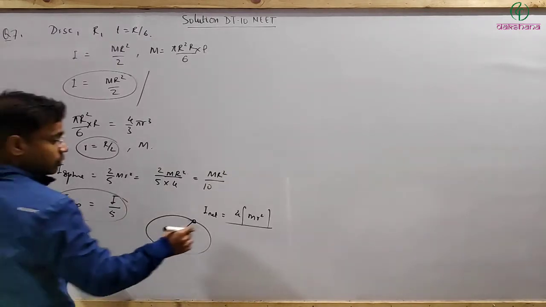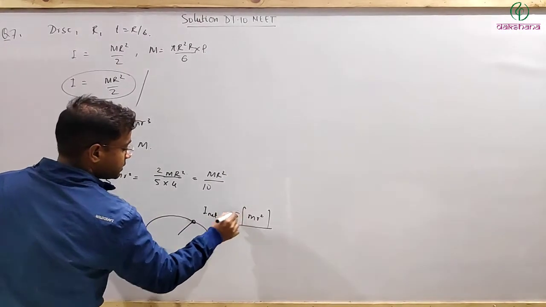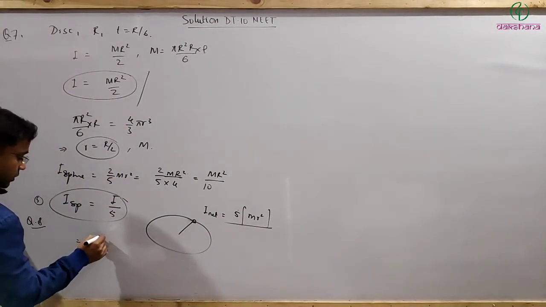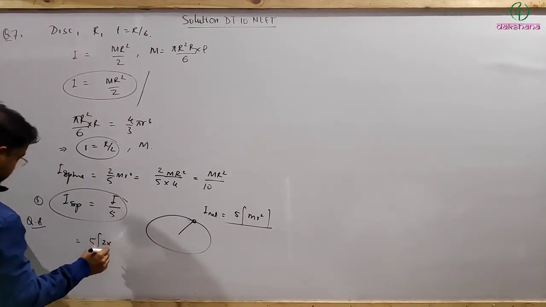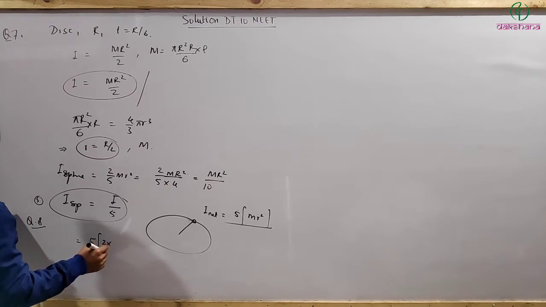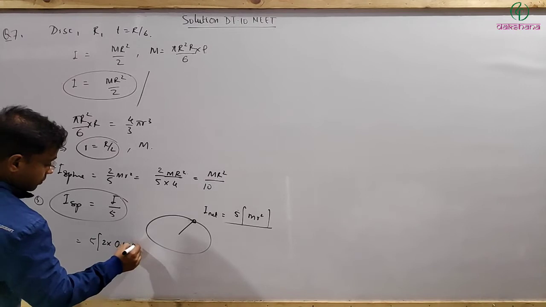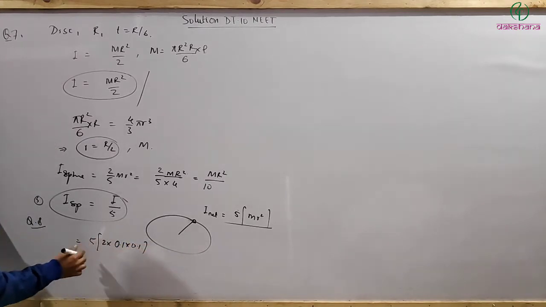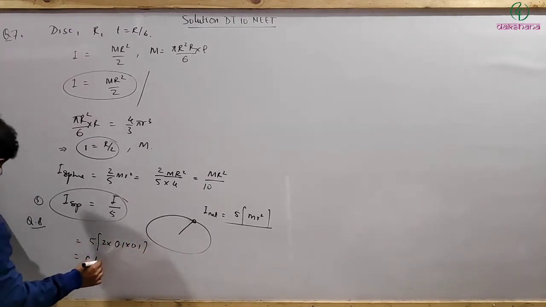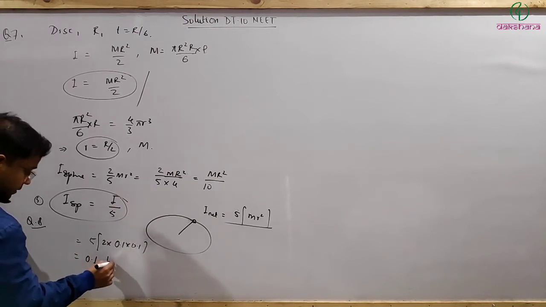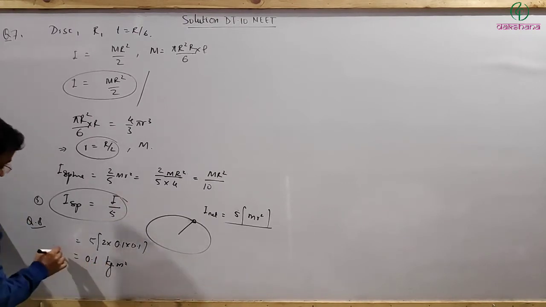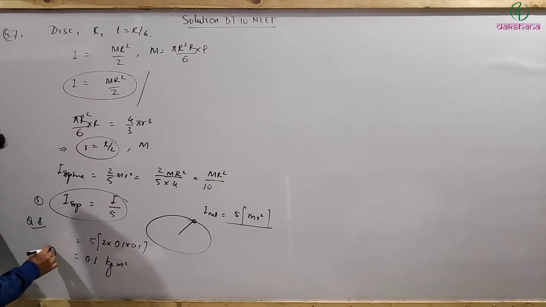Okay, it's not 4, it's 5 particles, so I can write it's 5 into mass of the particle m into r square, the radius of the circular disc is 0.1, so it's 0.1 into 0.1, and that comes out to be 0.1 kg meter square is the moment of inertia, matching with option number 2.